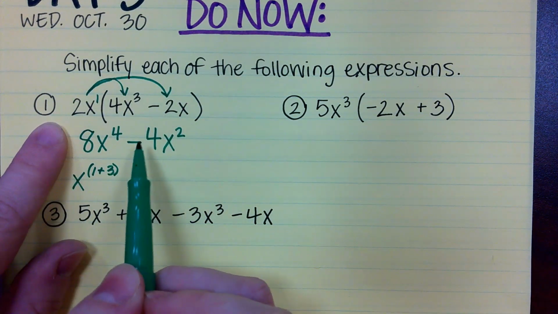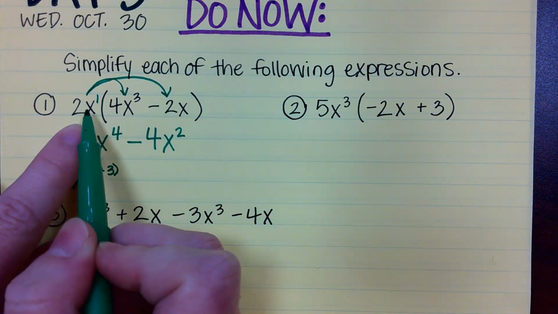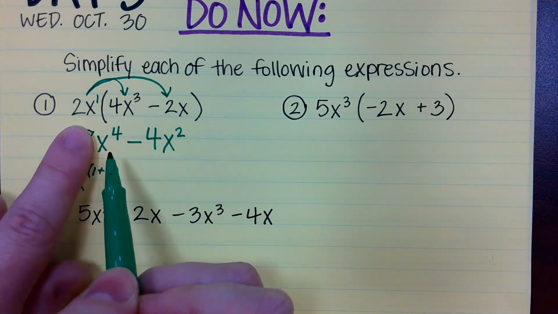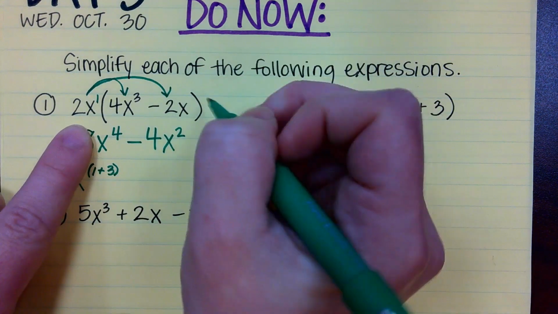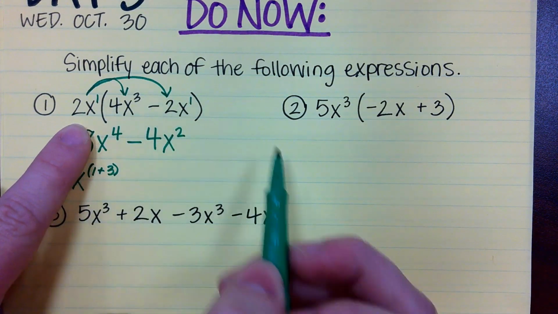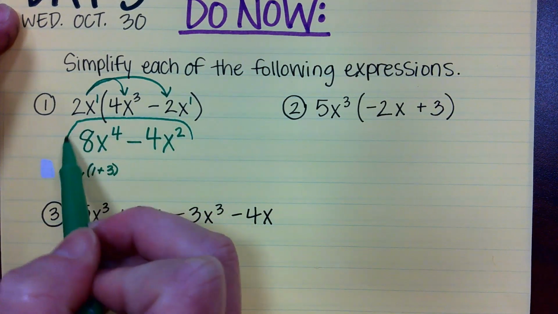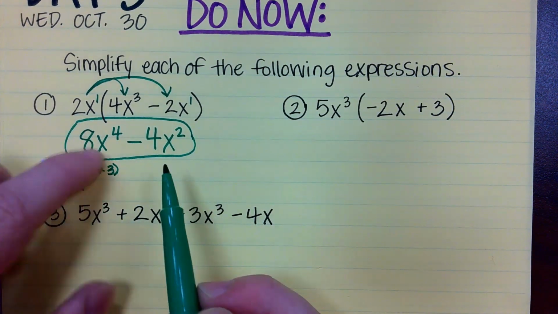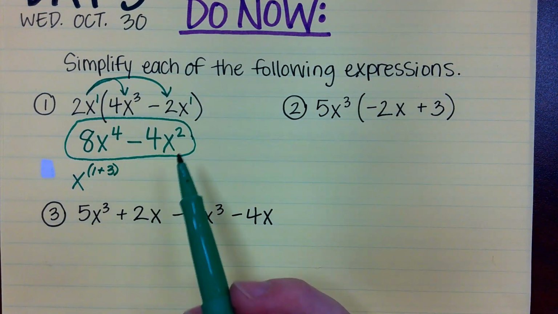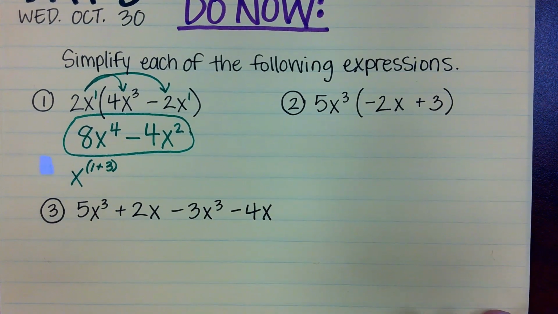That's going to give us a negative 4. So we got that part. And then we're doing x to the first power times x to the first power. And what is 1 plus 1? 2. So our answer here, we will circle it, 8x to the fourth power minus 4x to the second power. Good. We have any questions about number 1?